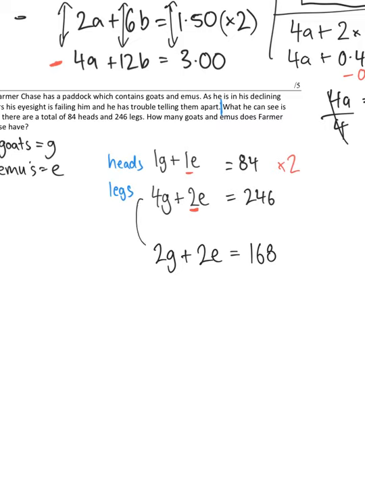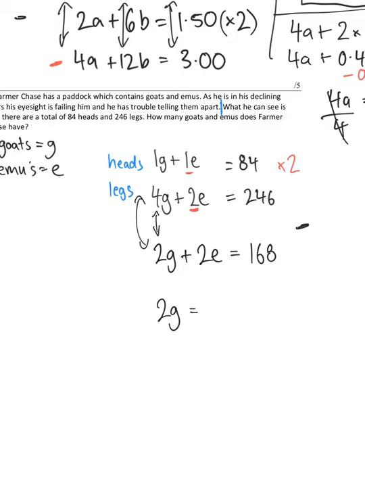Now I've got my 2 equations here. I'm going to subtract them, because that's going to eliminate the e's. So maybe you do it vertically. 4g take 2g is 2g. The e's cancel each other out. And this will test me. 246 minus 168 is what?